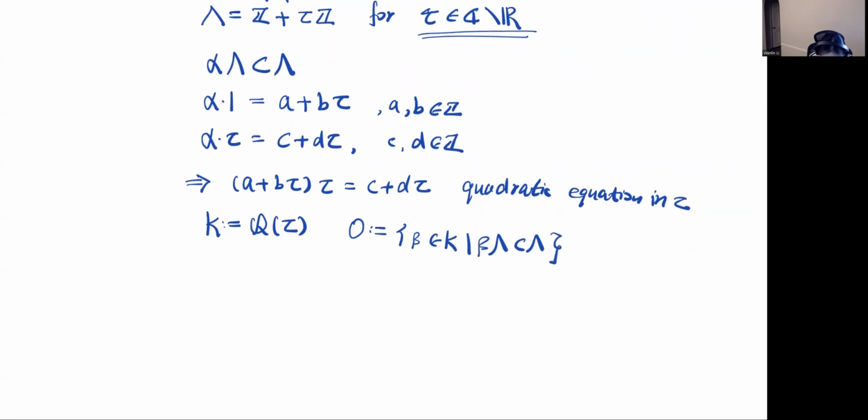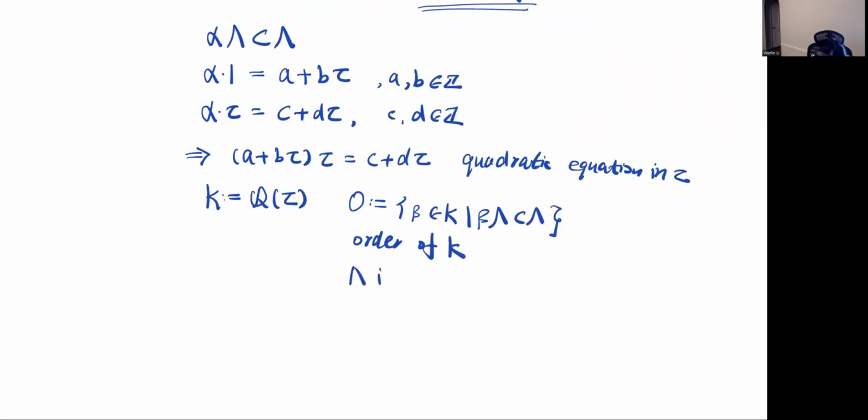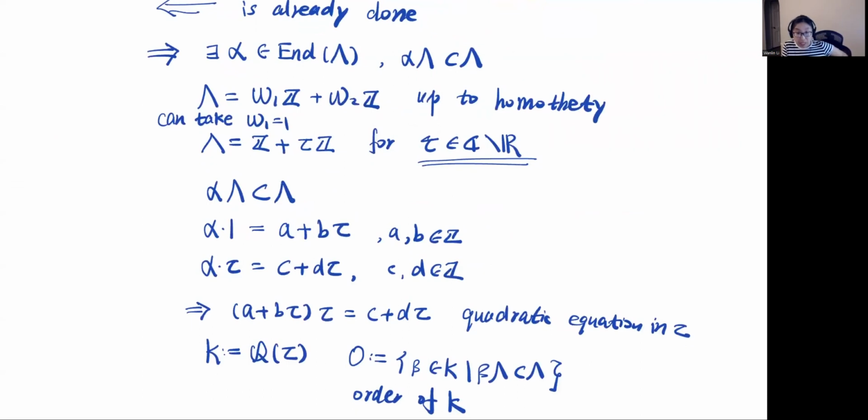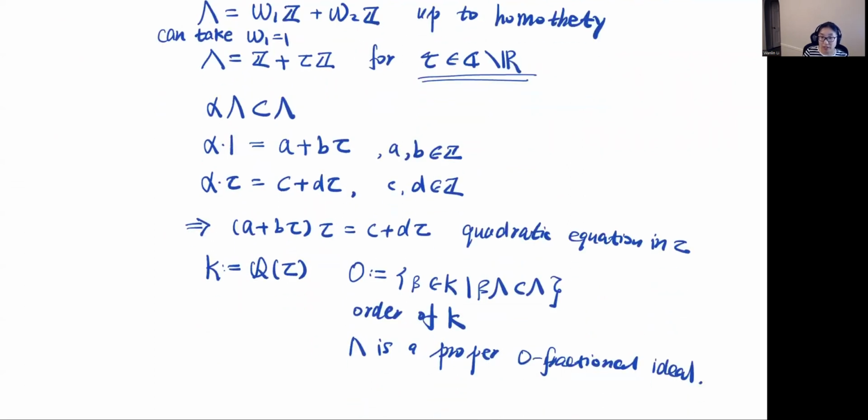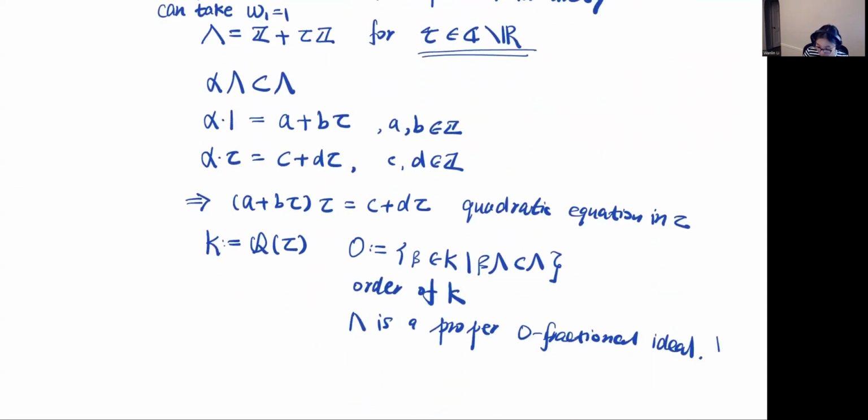It will be an order of K where lambda is a proper O fractional ideal. So this is how, if I give you a lattice lambda, or an elliptic curve over C with CM, to find the imaginary quadratic field and its corresponding order. Okay, that's all I want to talk about.